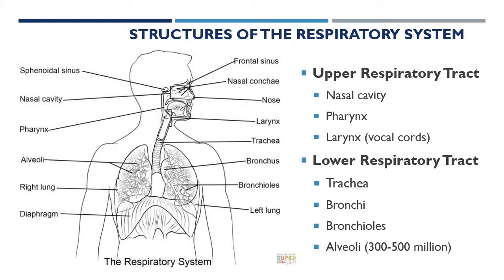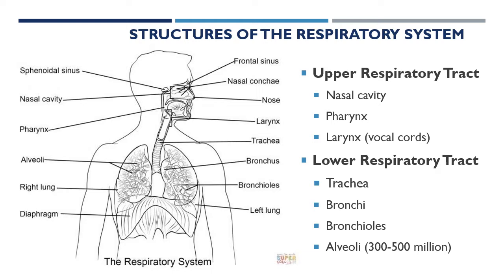Okay, so let's just start off with the structures of the respiratory system. The respiratory system is divided into the upper respiratory tract and the lower respiratory tract. The upper respiratory tract includes your nasal cavity, your pharynx, which is the back of your nose and the back of your throat.